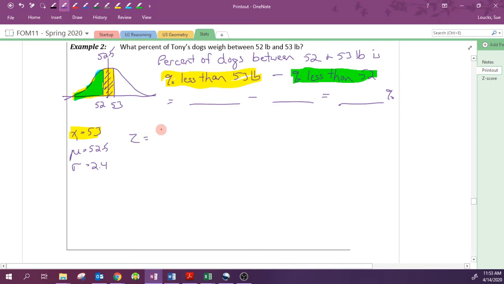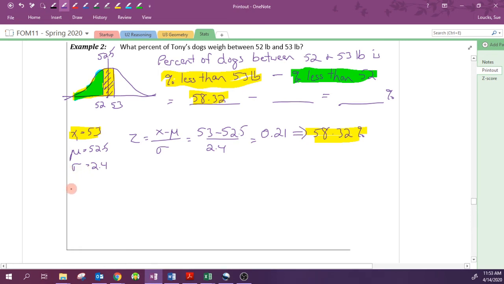So z equals x minus mu over sigma: 53 minus 52.5 divided by 2.4. That equals 0.21. I look that up in my Z-score table and I get 58.32%, which I will write up here, 58.32%. And I'm just going to color that yellow so that we can follow where the numbers come from.